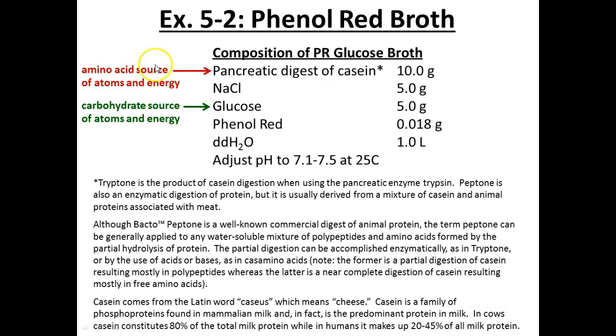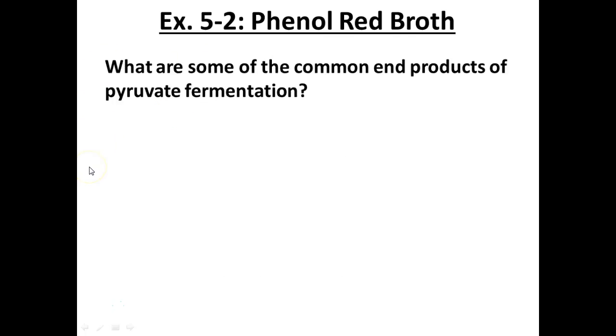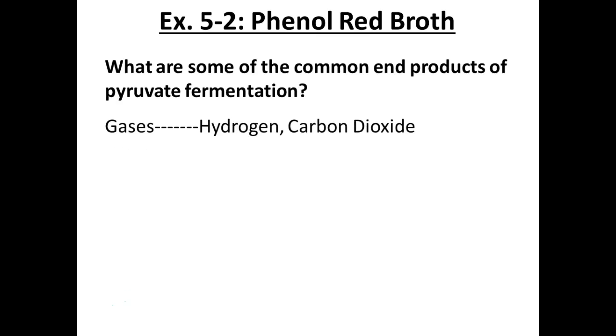So we have amino acid sources, we have carbon sources, two choices of food. So what are some common byproducts that we would see from pyruvate, right, or breaking down of glucose? Acids, alcohols, gases, right? Gases are hydrogen or carbon dioxide. You can't tell the difference unless we have a way of detecting.